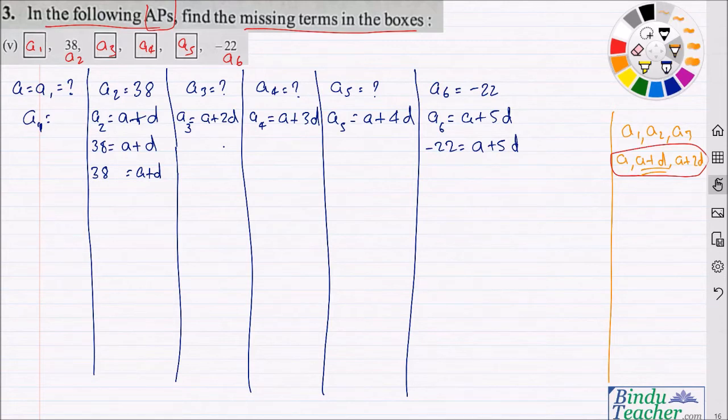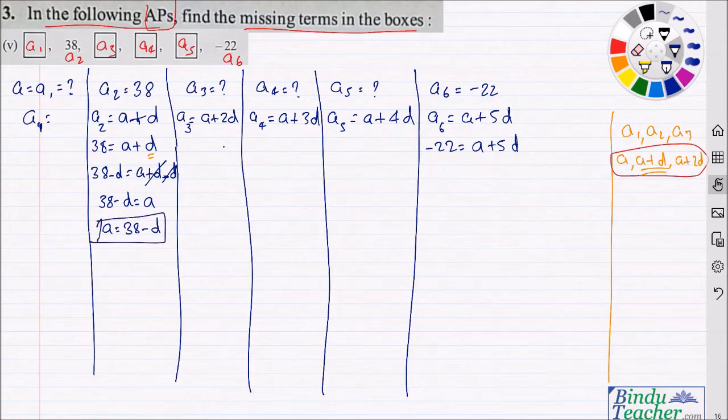I want to remove the D here, so I'll write minus D. And whatever I do on the right hand side of the equation, I'll do on the left hand side of the equation also. So now simplifying it, we have plus D and minus D, which will cancel out each other. So we get 38 minus D equals A, or it can also be written as A equals 38 minus D. Okay, so we will keep this equation here.